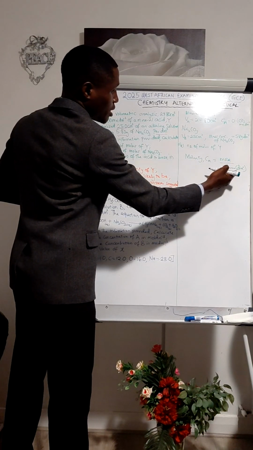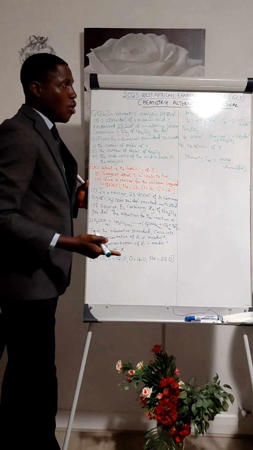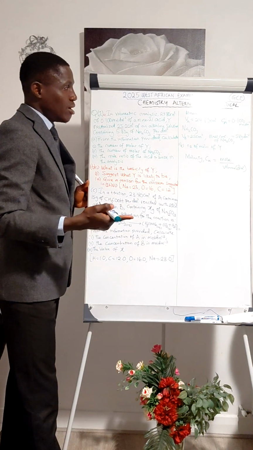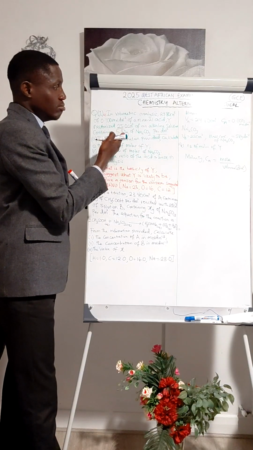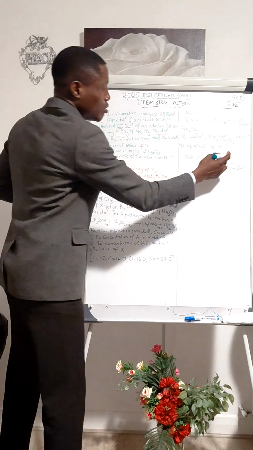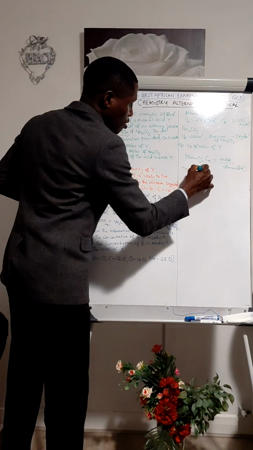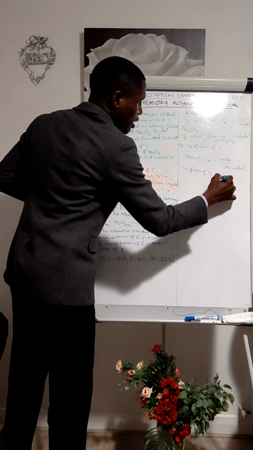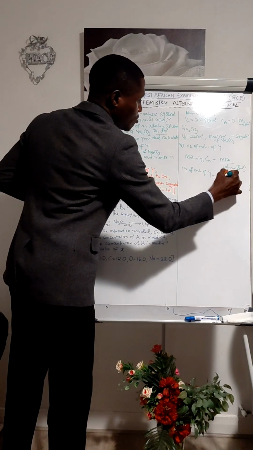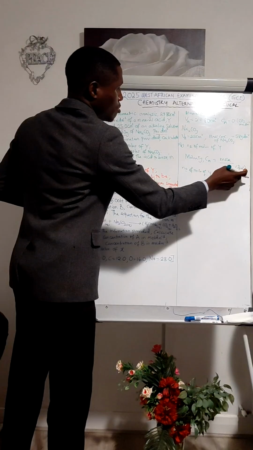Don't forget that the volume we are talking about here will be the volume of the acid used to neutralize the alkaline solution. So the number of moles of Y will be the concentration A multiplied by the volume A.